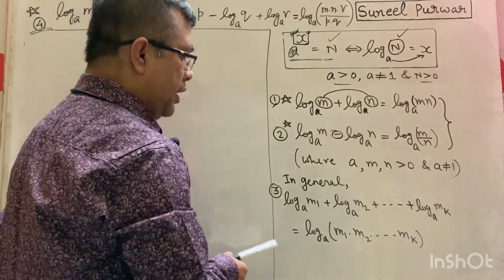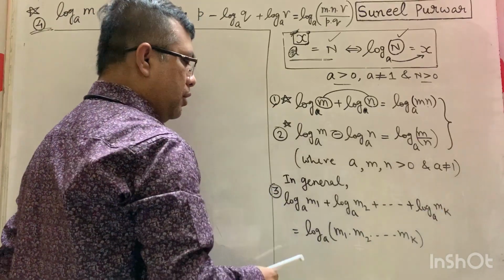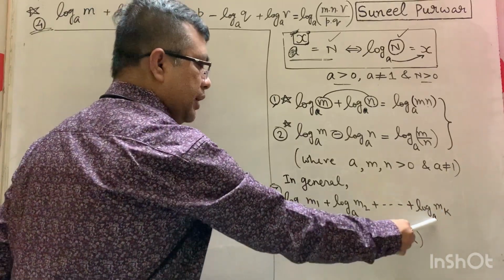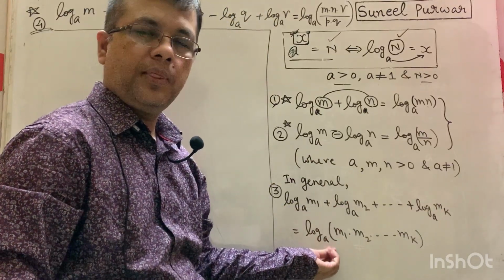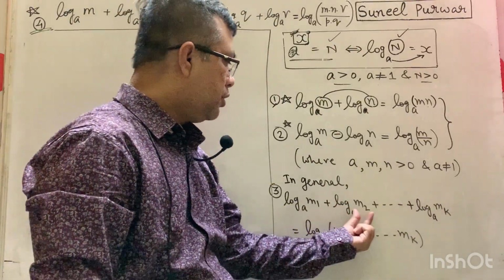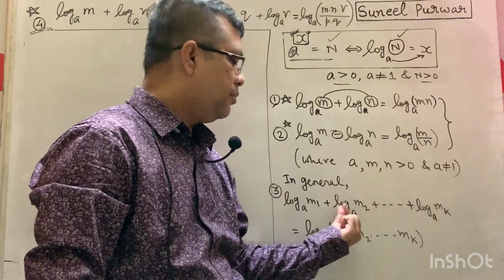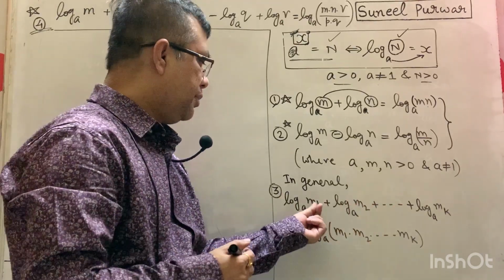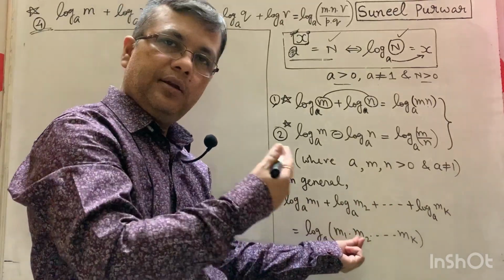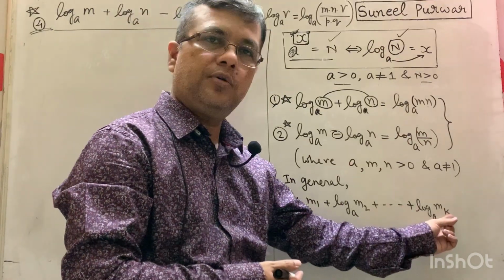So suppose we have log of m1, log of m2 and so on, log of mk, all having the same base a. Then this can be converted into a single logarithm at the same base a, and you see all these logarithms are preceded by a plus sign. So numbers of all of them will go into the numerator. So it will become m1, again m2 will go into the numerator, m3 will go into the numerator, and so on up to mk.